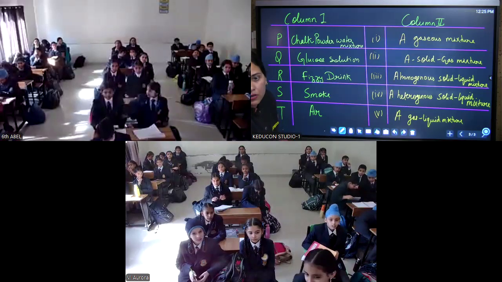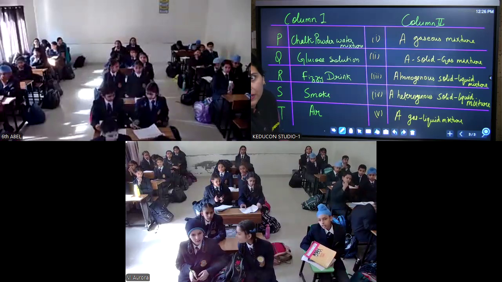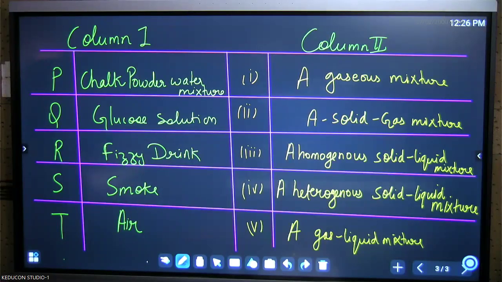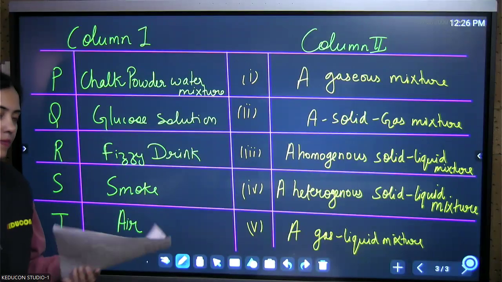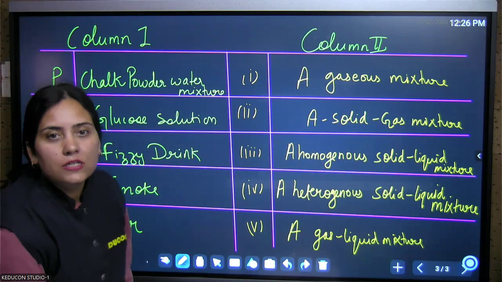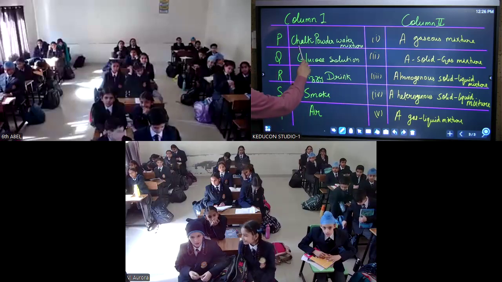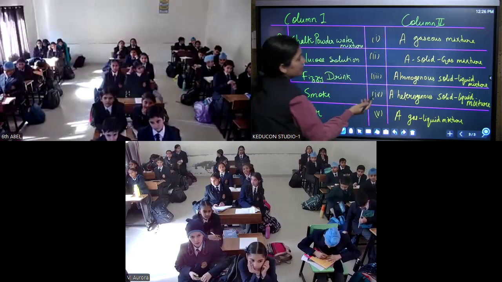Beta, Aurora section, roll number 22, you have read it well. So chalk powder water mixture is what? Heterogeneous. Yes, so chalk powder water mixture is a heterogeneous mixture.